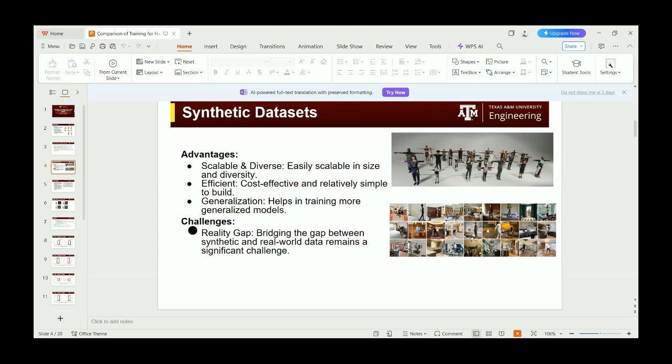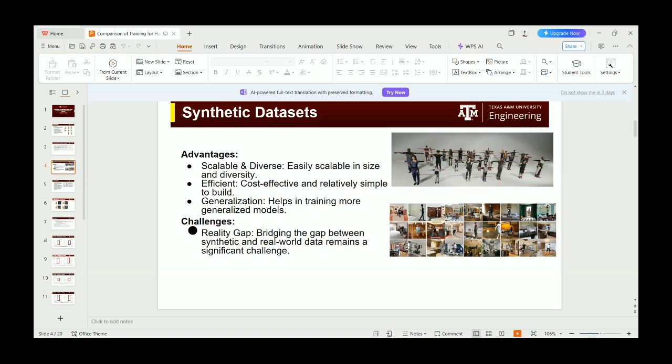They are cost effective and relatively simple to build. I mean, you just use computers basically and you create a lot of new sets. And they do help a lot in training more generalized models. So the issues that we just described a minute ago, ideally, would get addressed through these synthetic data sets.